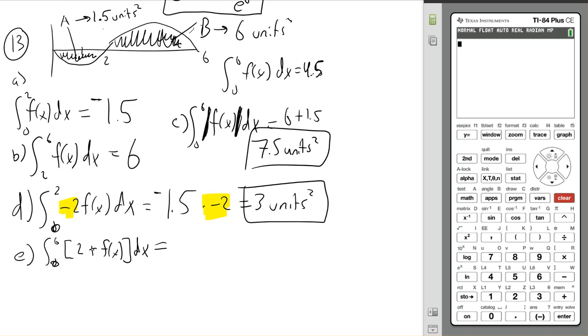So remember, if you've got add or subtract, more than one term, you can do these individually. So this is the same as the integral from 0 to 6 of 2 dx plus the integral from 0 to 6 of f of x dx. This part we already know. They gave that to me in the directions. It is 4.5.